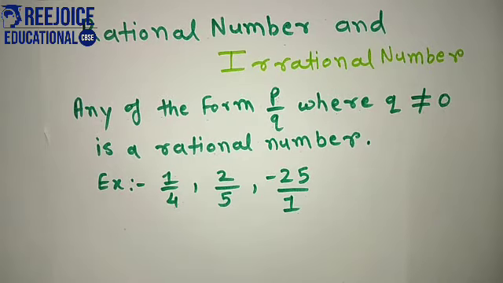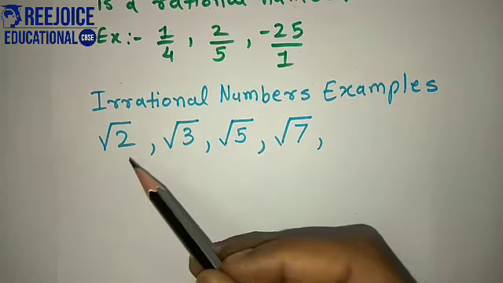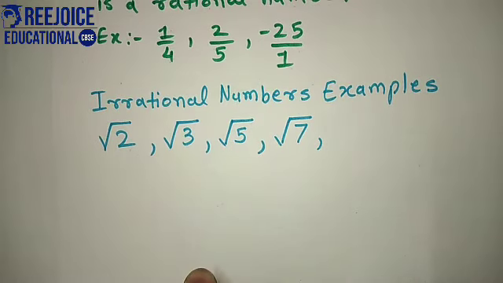In the same way, with the help of examples, we are going to see what irrational numbers are. Students, let us try to understand the irrational number with the help of examples. A few numbers are there, and these numbers are under the sign of square root.